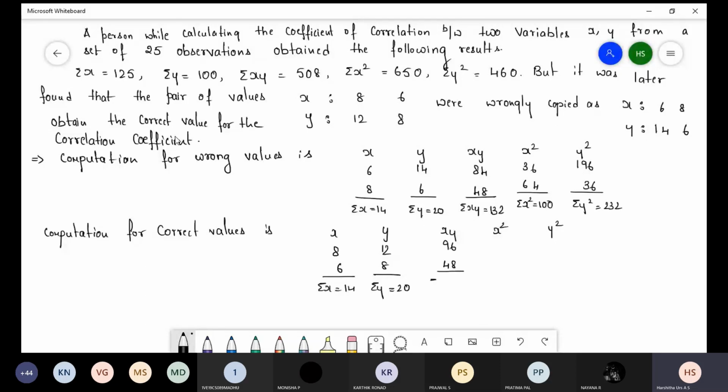Sum of x into y is 144. 64, 36, we get sum of x square is 100. 12 12s are 144 plus 8 into 8 is 64. Sum of y square is 208.